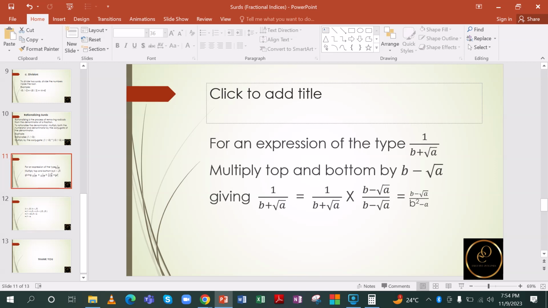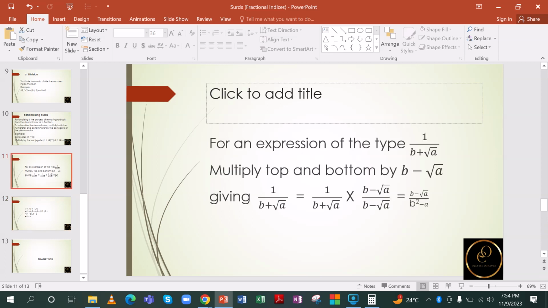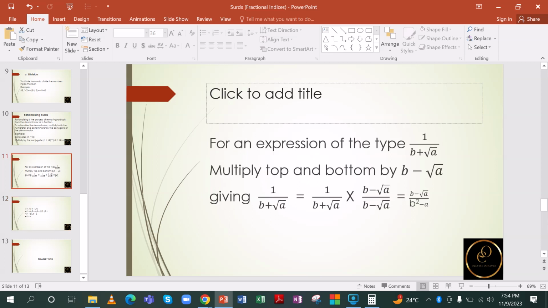The conjugate, you have a negative here. See the conjugate, you change the sign here, you have a negative here. So that's what happens here. In this particular case, the conjugate has a negative here.